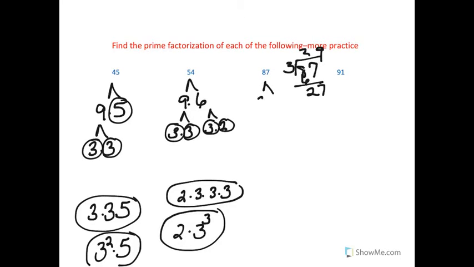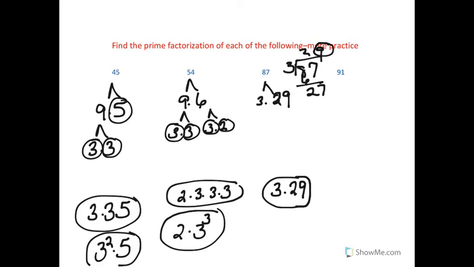So 87 is 3 times 27. And that would be all you, oops, that's a 9, isn't it? Look at that, it's a 9 up there. I knew that wasn't right. Easy fix. 3 times 29. Talk about careless mistakes. Always check.